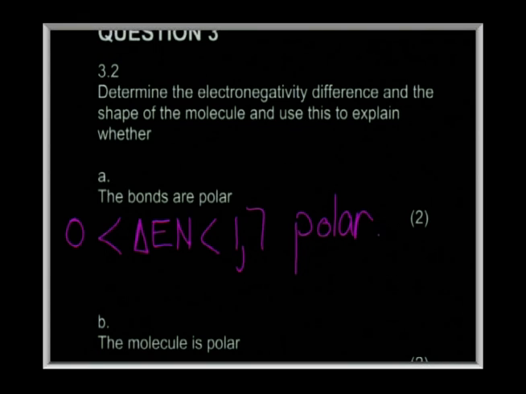If the electronegativity difference is 0 exactly, then the bonds are non-polar. And if the difference in electronegativity is bigger than 1,7, then we are dealing with an ionic bond. Okay, so that is how I knew: exactly 0, non-polar. Between 0 and 1,7, we are dealing with a polar bond, and greater than 1,7 is ionic.